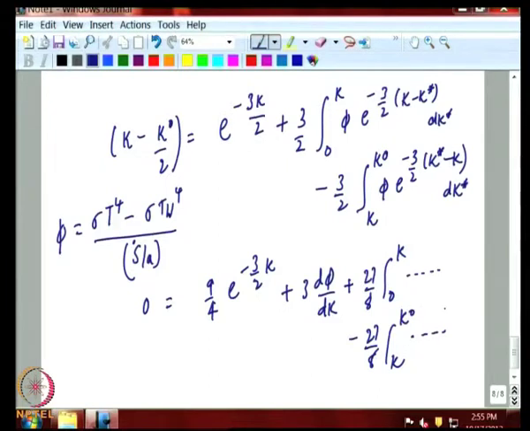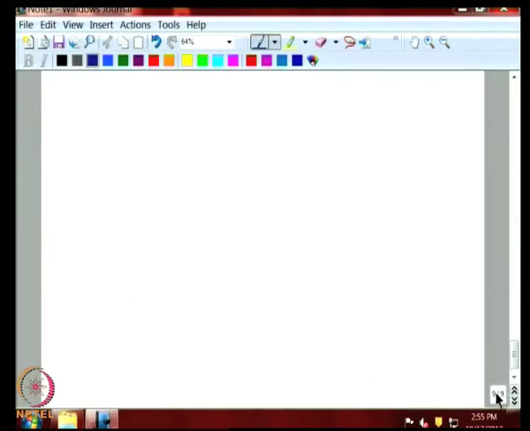So, you realize the fact that this term and this term, this term and this term are similar, except for the 9/4 term. So, we multiply this equation by 9/4 and subtract, the two integrals cancel out, and we will be left with a very simple differential equation.